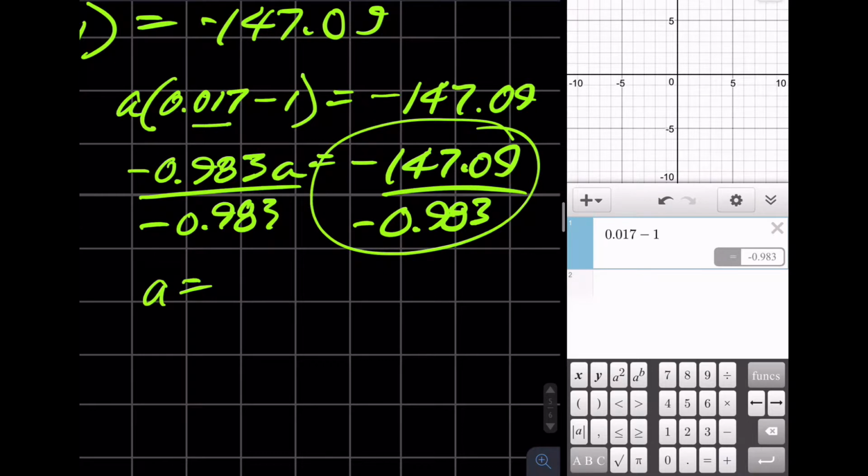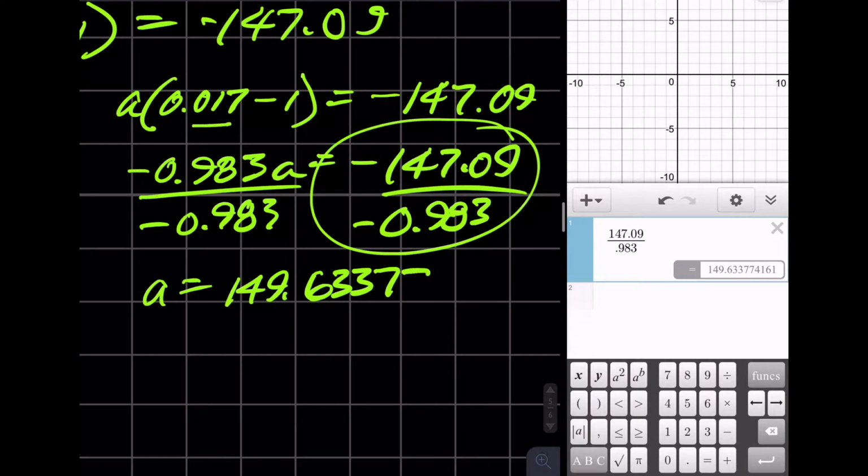So that's 147.09 divided by 0.983. If you're wondering why I didn't put the negatives in, it's because negative divided by negative is positive, so I don't really have to worry about it. And so I figure out that A is 149.633774161, right?